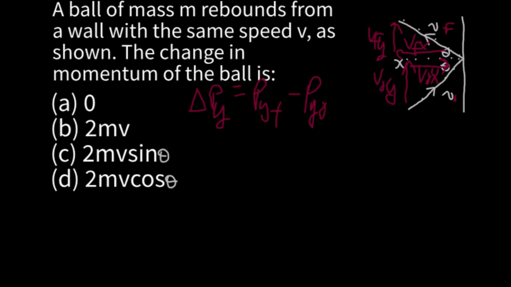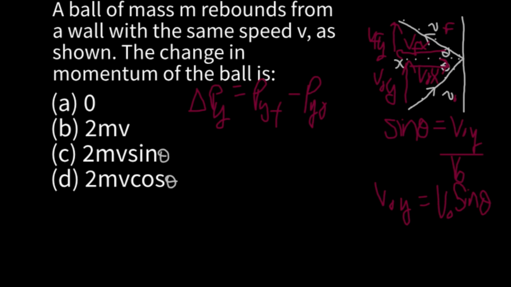So we know momentum is m times v, but the sine of theta is opposite over hypotenuse. We're looking in the y direction, so our velocity in the y direction is just our velocity times the sine of theta.